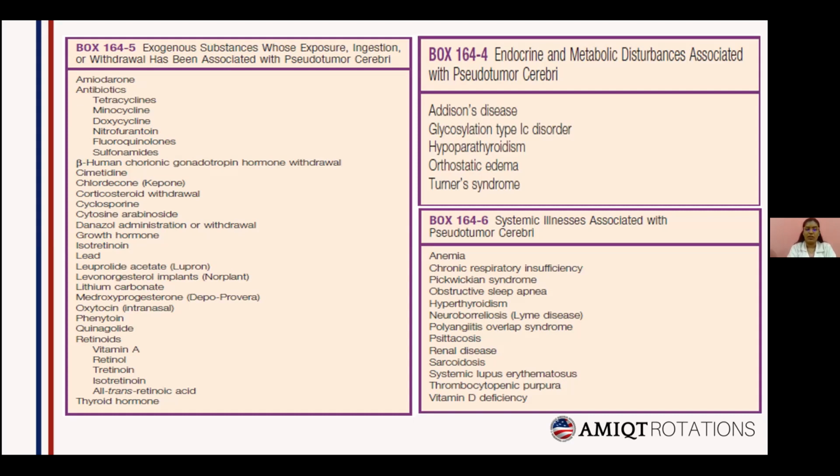It also includes some of the hormones like thyroid, beta HCG, oxytocin, medroxyprogesterone, levonorgestrel, etc. And we also see that certain endocrine and metabolic disorders like Addison's disease, hypoparathyroidism, and Turner syndrome were also associated with pseudotumor cerebri. And certain systemic illnesses like anemia, chronic respiratory insufficiency, obstructive sleep apnea, hypothyroidism, Lyme disease, SLE, and so on. The list goes on.